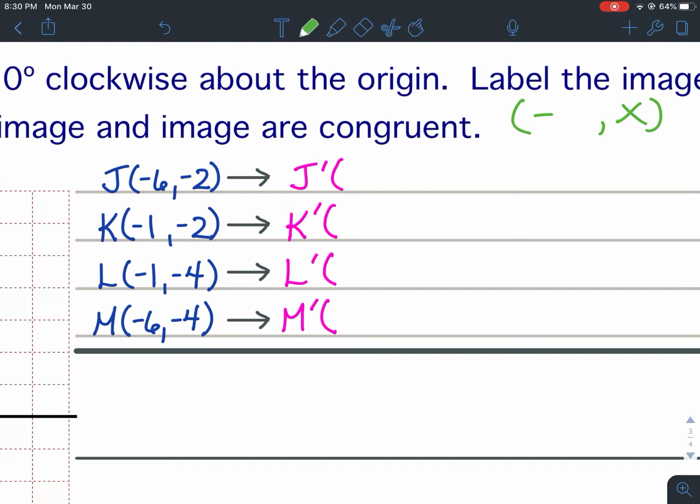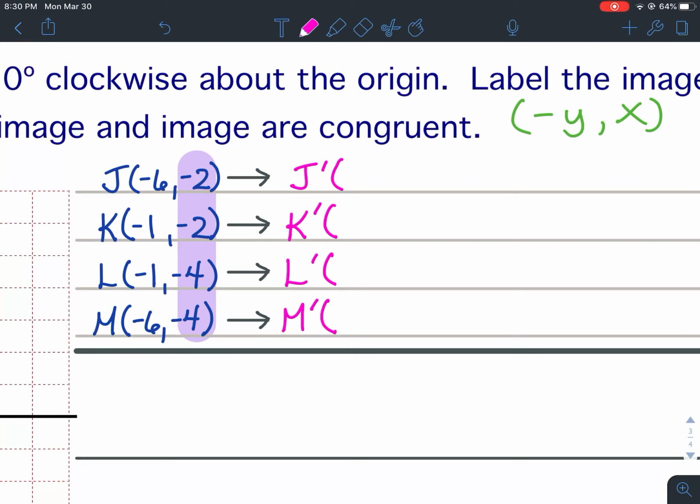Sorry, I'm going to rewrite this y. Okay, so these are my y-coordinates. They're going to become my x-coordinates, but I have to take the opposite of them.